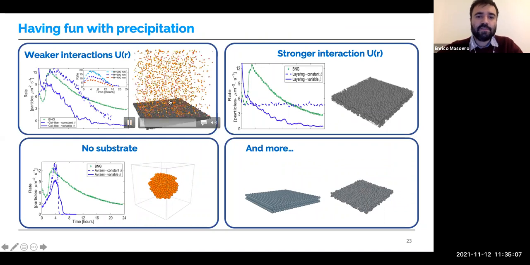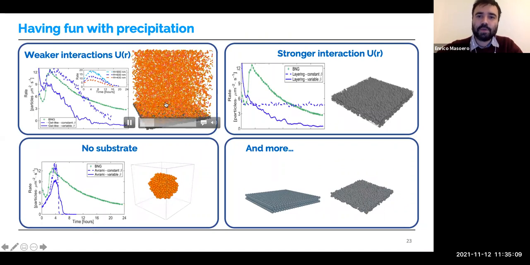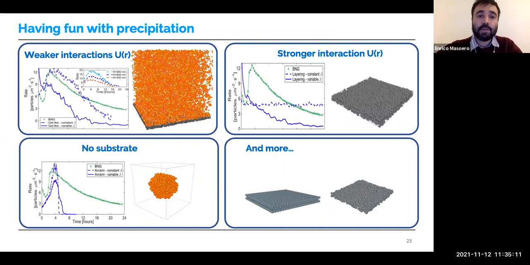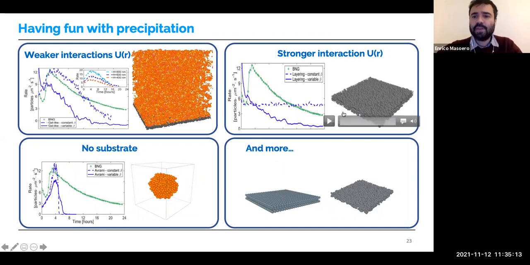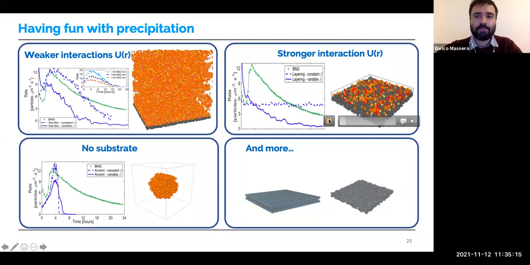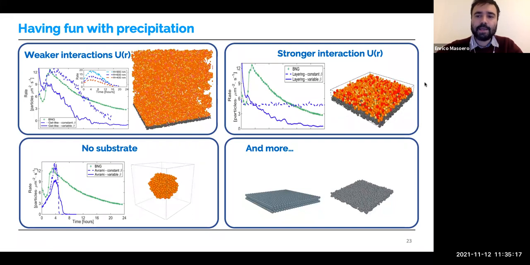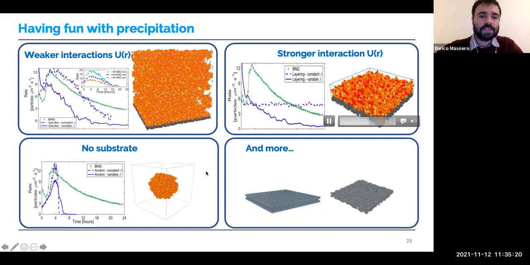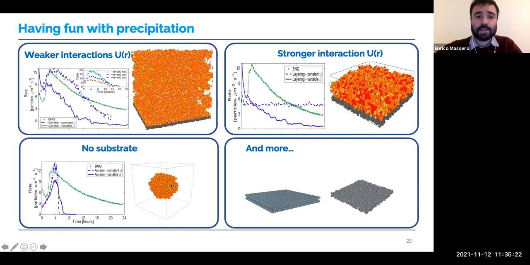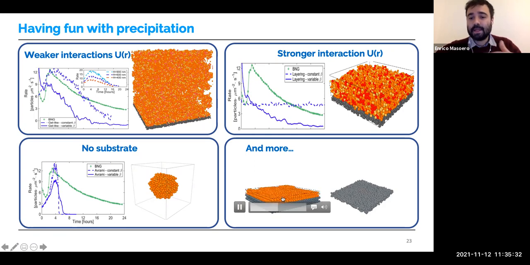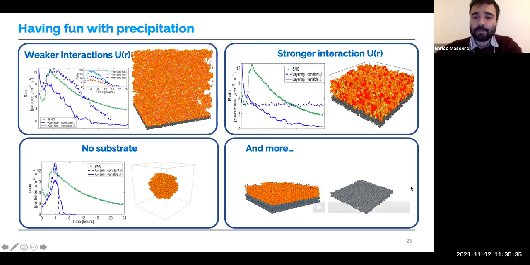And then we started playing with it a little bit. We considered if the CSH had weaker interactions than we considered in the initial model, then we would get a gel-like structure. If it had stronger interactions, then we would have a perfect coverage, like layered growth on top of the tricalcium silicate. If there was no substrate, we would end up with Avrami-like nucleation and growth. And then what if we had a crystalline substrate and crystalline material forming on it, then we had this layer by layer perfect growth.